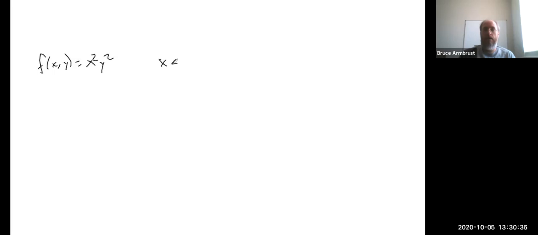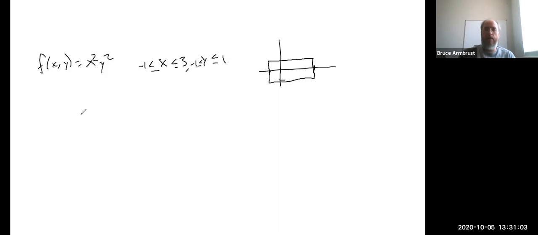So x's were between -1 and 3, and the y's were between -1 and 1. Let's draw that region real quick. There's x = -1, x = 3, y = -1, y = +1. So there's our region.